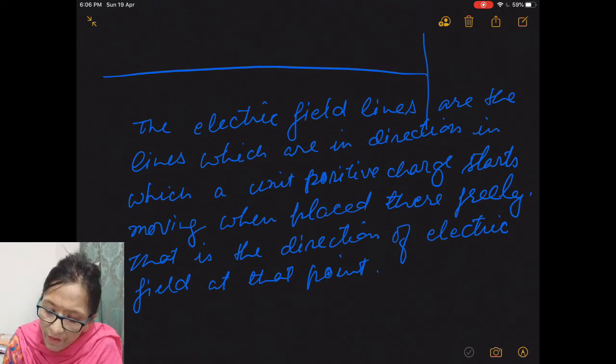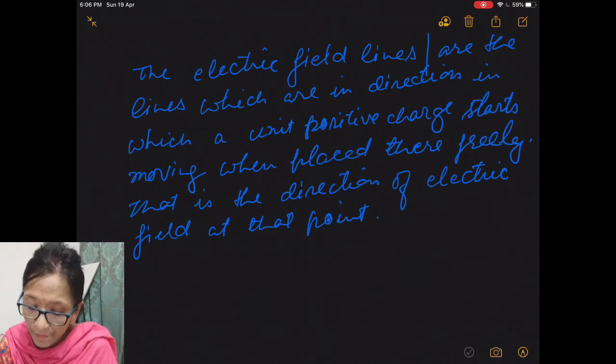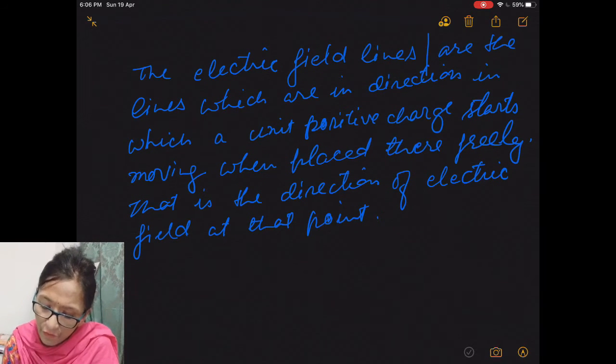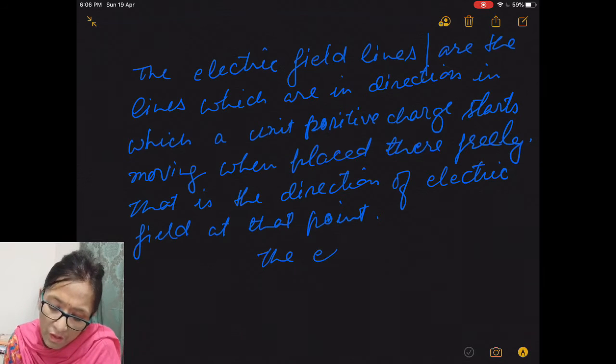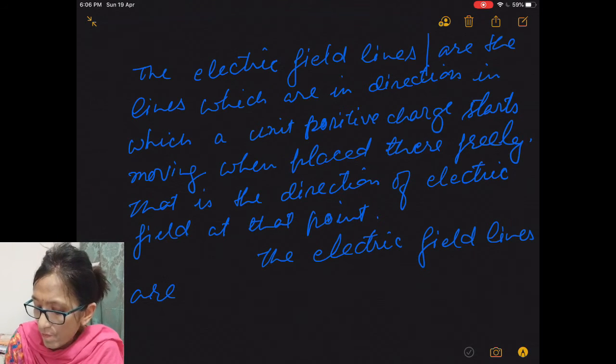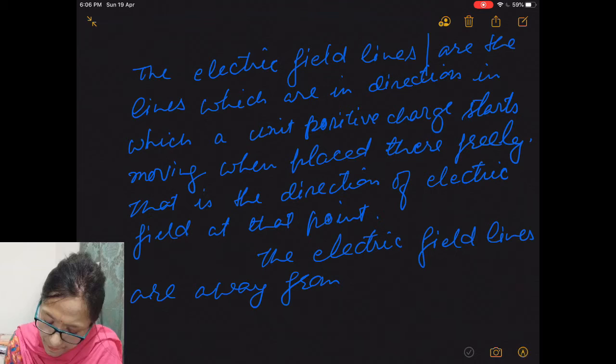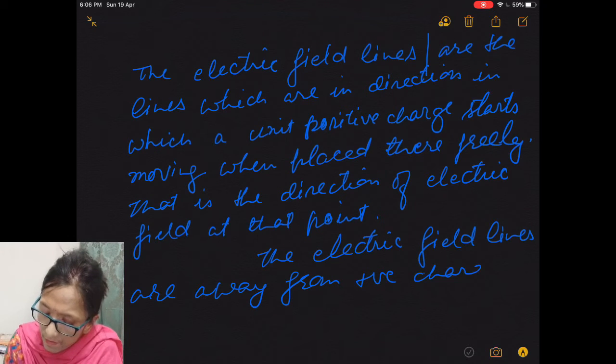So we learned what is the direction of electric field. Still we have not learned the magnitude of electric field, that we have to learn. But one more thing I would like to say regarding this, that the electric field lines are away from positive charges.